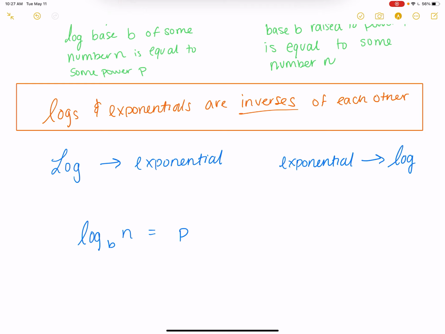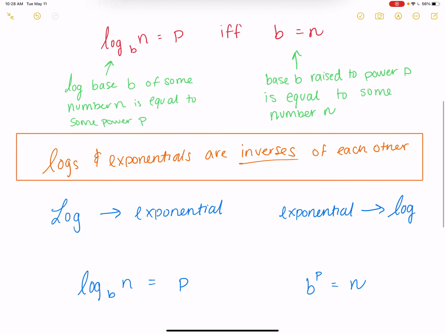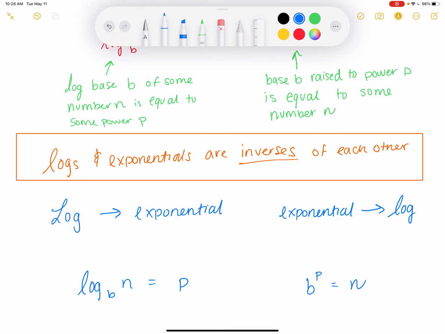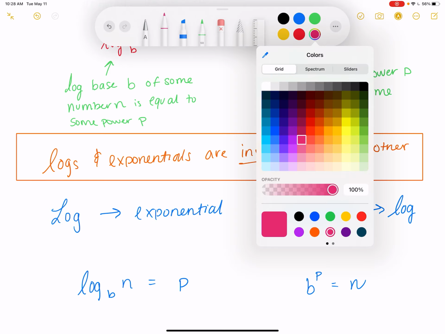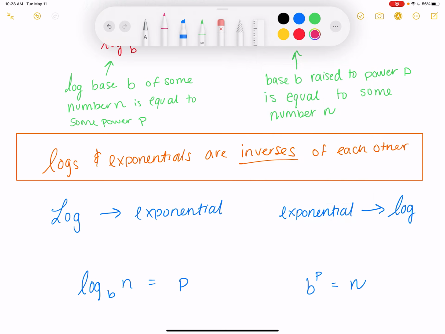Do the same thing, skip some space, and write base b raised to power p is equal to some number n. Your key phrase for log to exponential: make an E. For exponential to log, make an L.